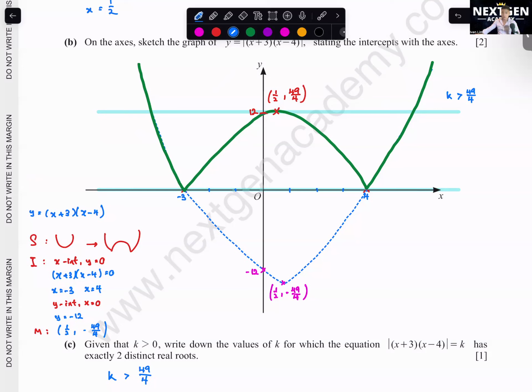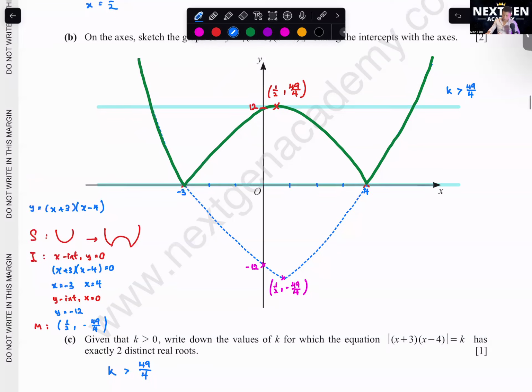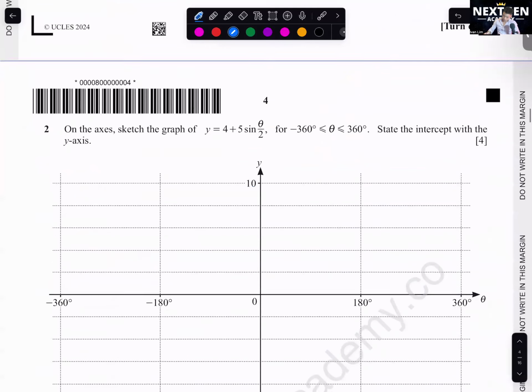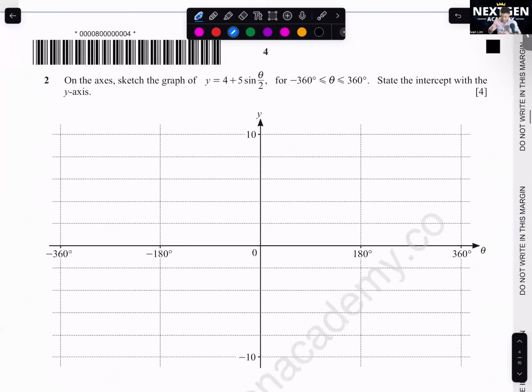Okay, good. All right, let's move on to question 2. Can we do this without a calculator? What do y'all think? On the axes, sketch the graph of y equals 4 plus 5 sine theta over 2 for negative 360 to 360 degrees.